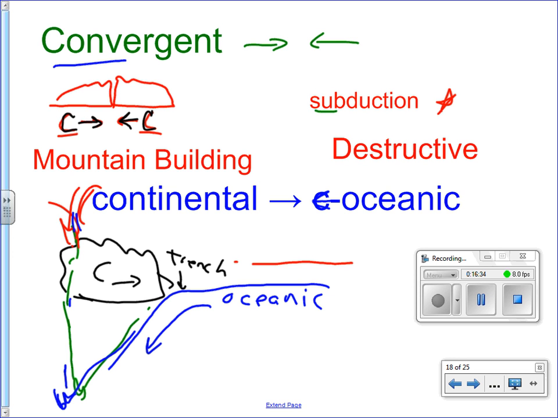Sub means below. So subduction, it's pushing it below. Submarines go underwater. The subduction zone is in the ocean. So as you see here in our picture, the oceanic crust gets pushed under the less dense continental crust, and as we saw in the other picture, as the oceanic crust gets pushed into the mantle, it melts, heat, pressure, and you get volcanoes.